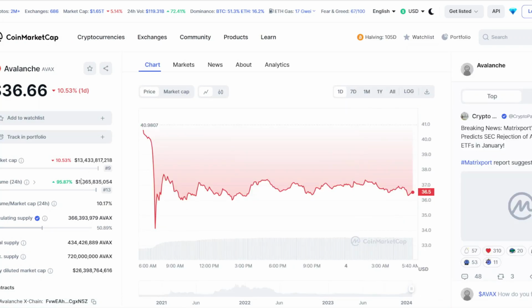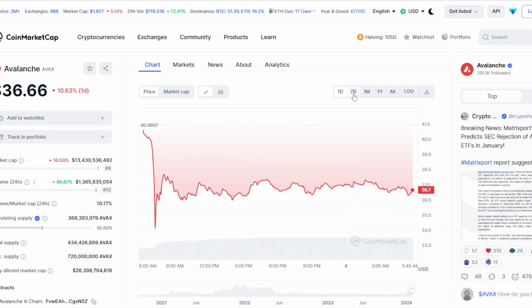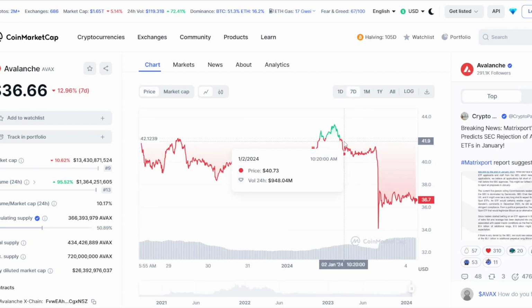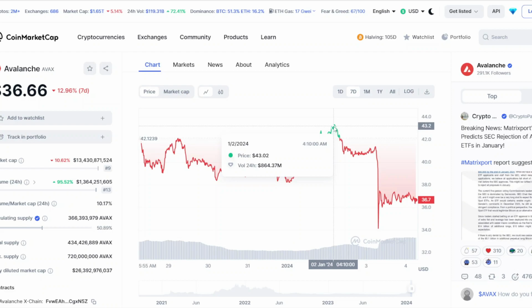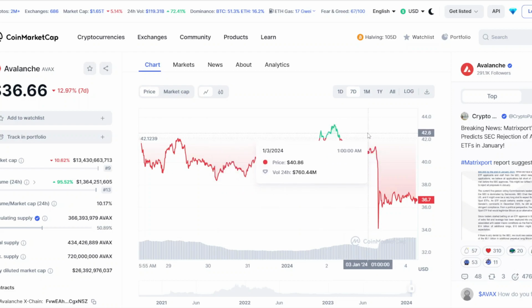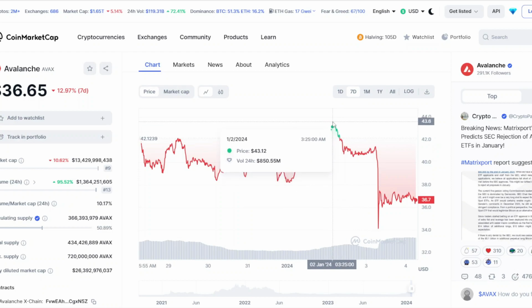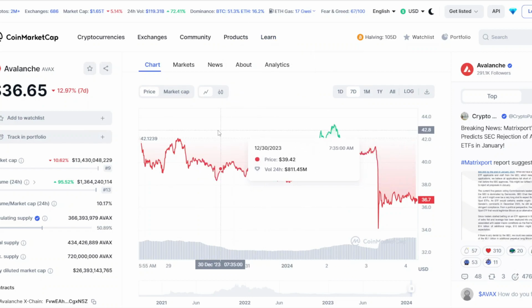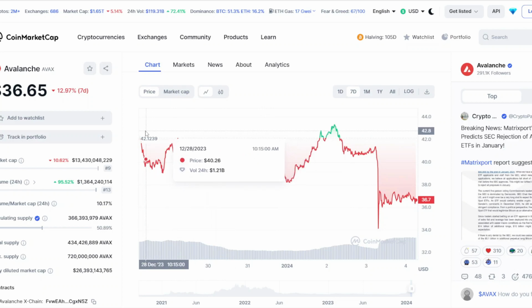So right now the volume's at $1.4 million. I want to get to where it was yesterday. And yesterday it was at 1.3 billion. So it's being traded a lot right now, and the days before yesterday too.